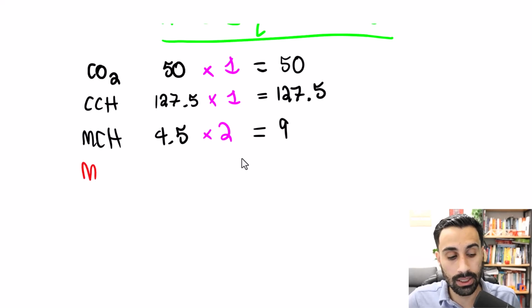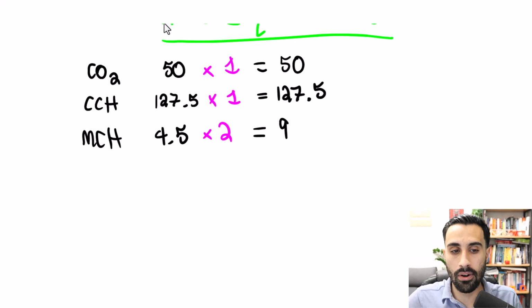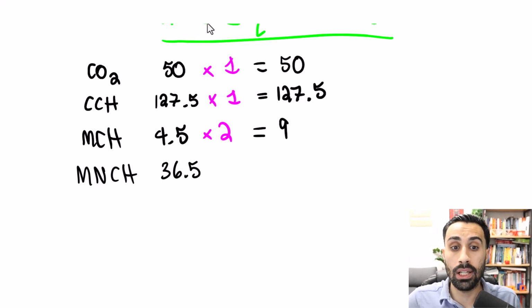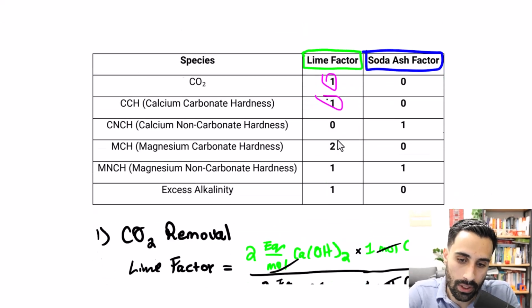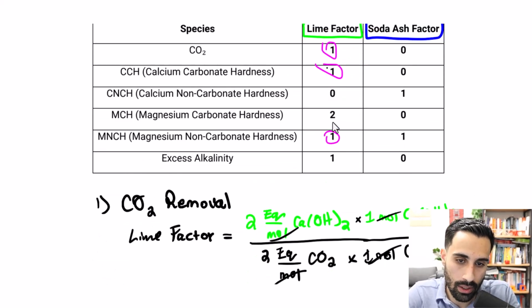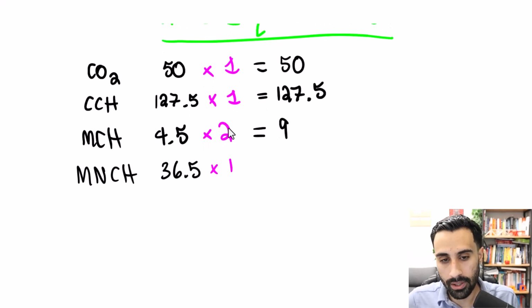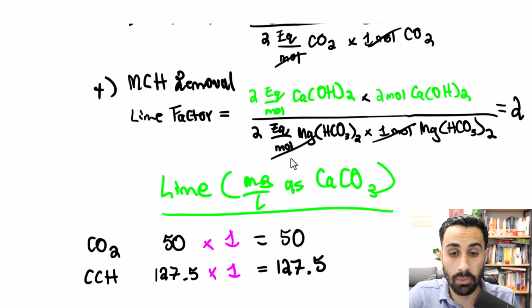So this is magnesium non-carbonate hardness removal, and that will be the 36.5, and we multiply this again. The factor for this one will be 1. Multiply that by 1, and that brings us 36.5 milligram per liter as calcium carbonate.